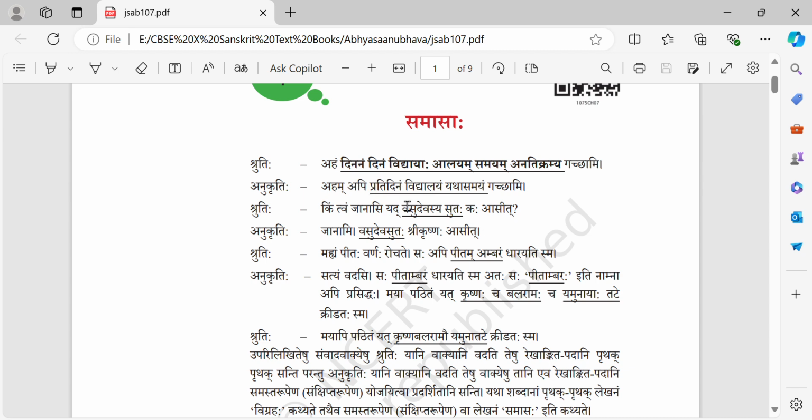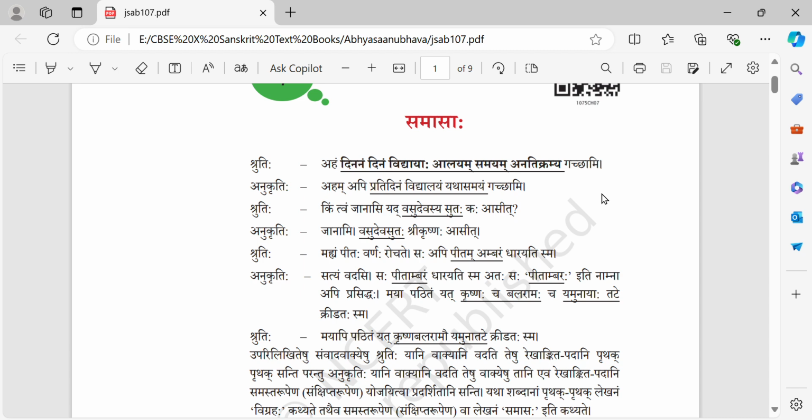Now, for example, Vidyayaha Alayam: education, the place where education is given. So in Vidyayaha Alayam, Shashti Vibhakti is here. But in Vidyalayam, there is no Vibhakti at all. In Yatha Samayam, there is no Vibhakti at all. In Samayam Anatikramya, Vibhaktis are there. Here also Vibhakti is there.